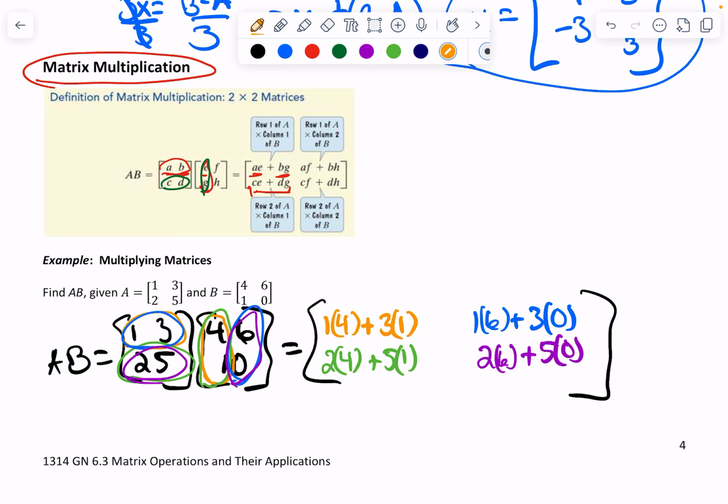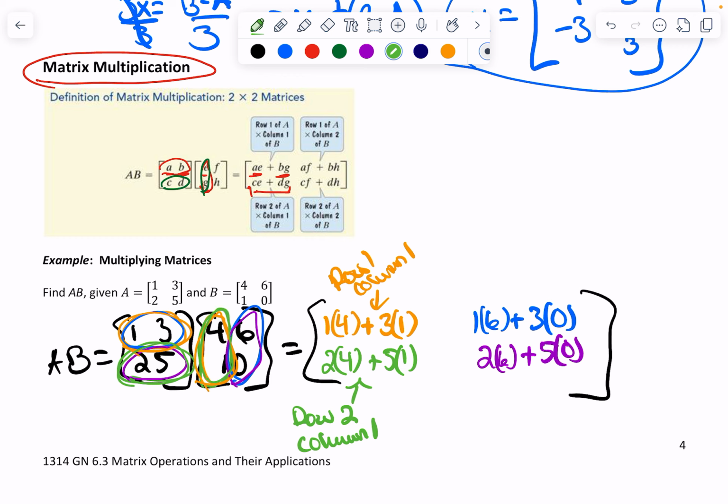Again, this is row 1, column 1. So that is why we took row 1 and column 1. This one is row 2, column 1. So that is why we're taking row 2 and column 1 from both.